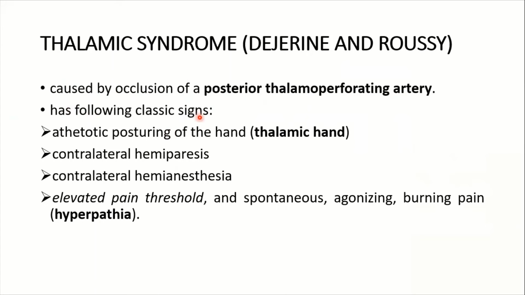It has the following classic signs: athetotic posturing of the hand, this was the thalamic hand, showed you already, and the contralateral hemiparesis, contralateral hemianesthesia, and hyperpathia. What is that? Elevated pain threshold. When the pain threshold is elevated and the pain is spontaneous, agonizing and burning, this is hyperpathia. This is seen in thalamic syndrome.